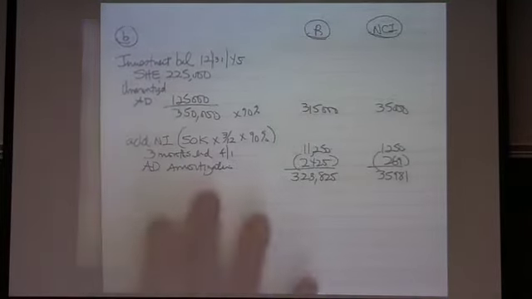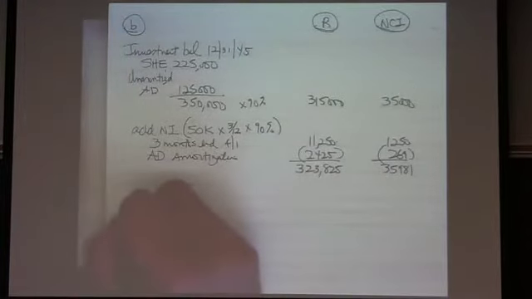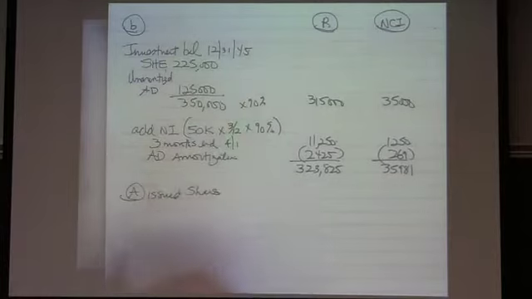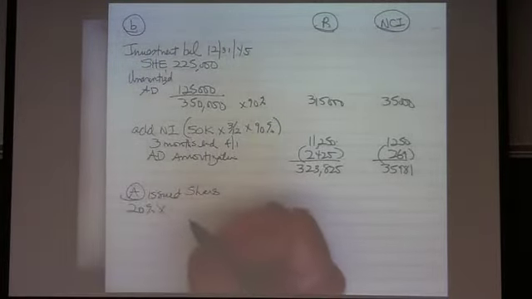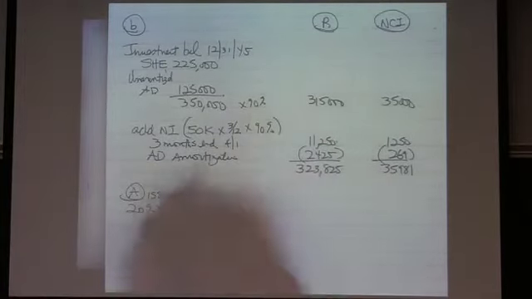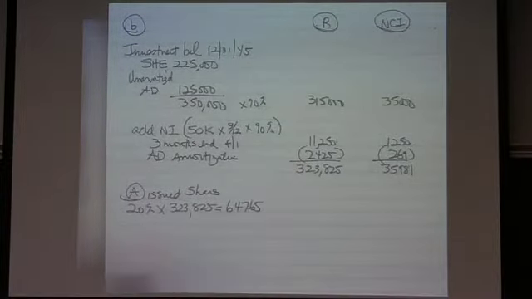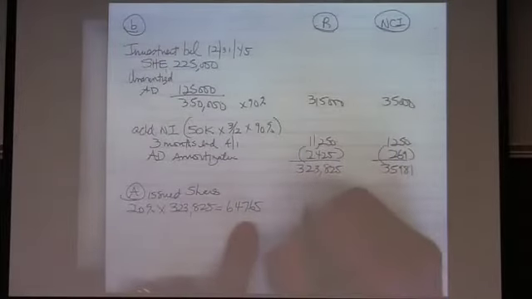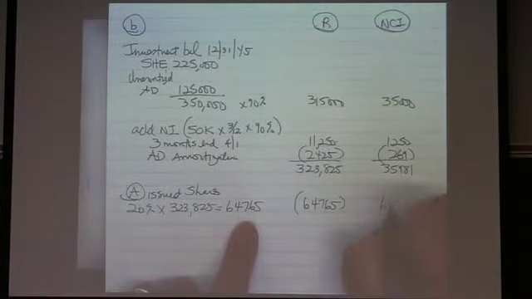Okay, now Argyle issued shares. And it's 20%. Remember, we had a reduction of 20% of 323,825, which is 64,765. So all we're going to do is transfer it from controlling to non-controlling.